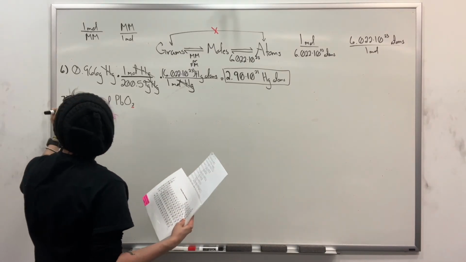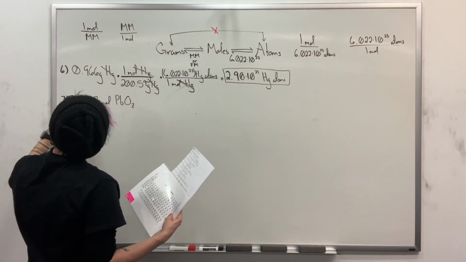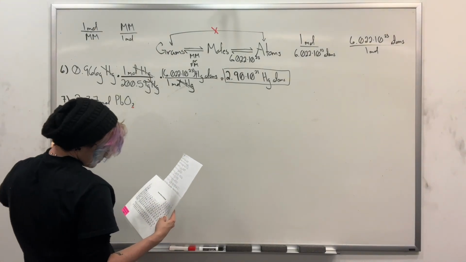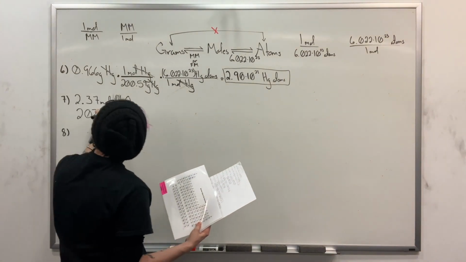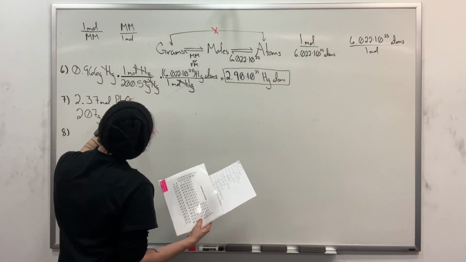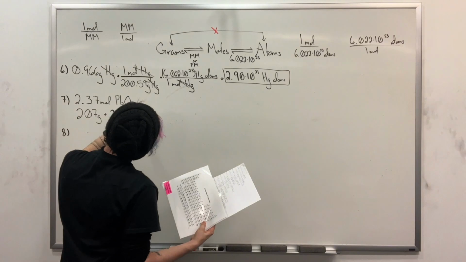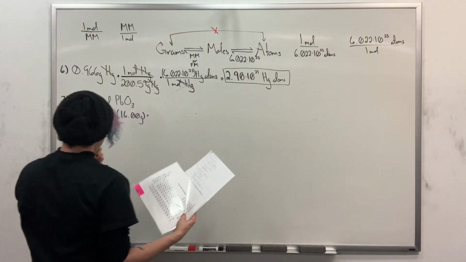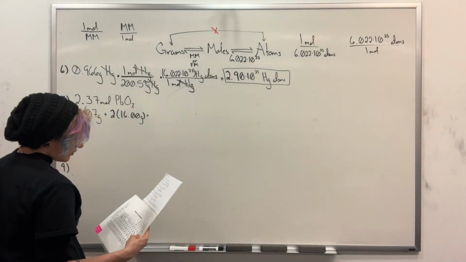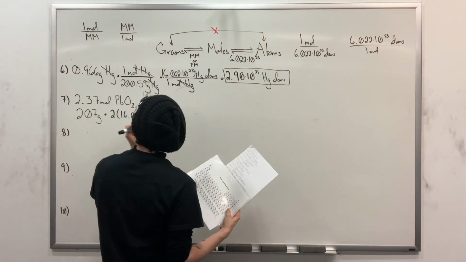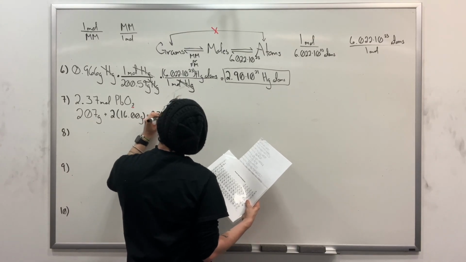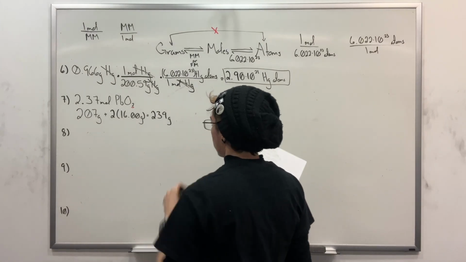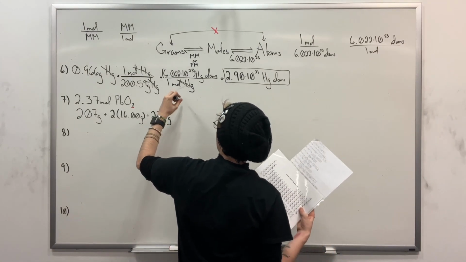Here it is. The molar mass of lead is 207 grams. And we're going to add that to 2 times our 16. And when you add these two values up, lead oxide has a molar mass of 239 grams.